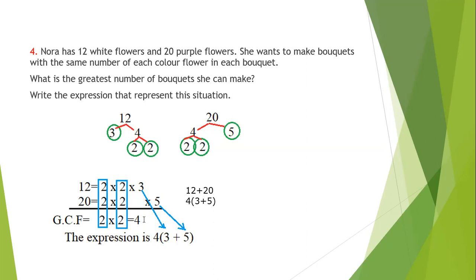How can I write an expression to represent this situation? 12 plus 20. I get that the GCF is 4. 12 divided by 4 equals 3. 20 divided by 4 equals 5. So the number of white flowers is 3 in each bouquet, and the number of purple flowers is 5 in each bouquet.